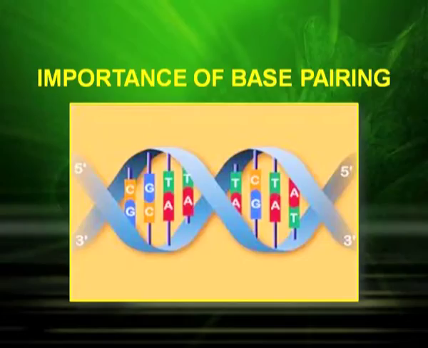As we know, C always pairs with G and A always pairs with T. So, if one strand contains A, G, C, then the other strand, because of the base pairing, will have the complementary bases.